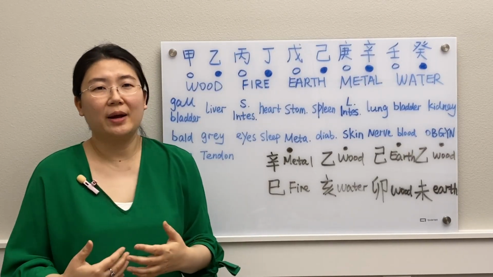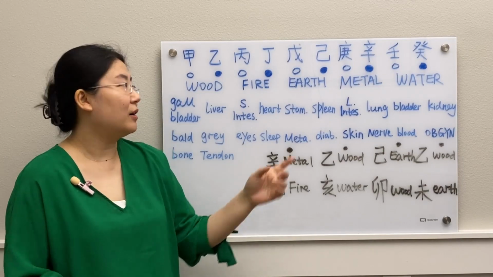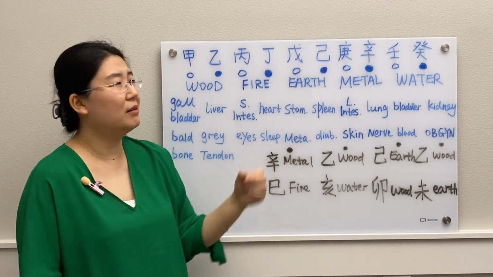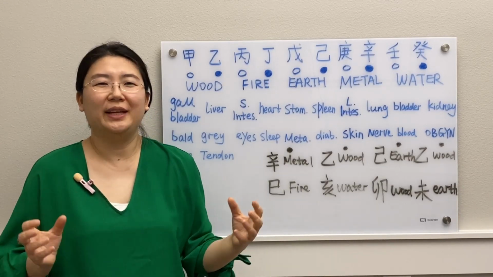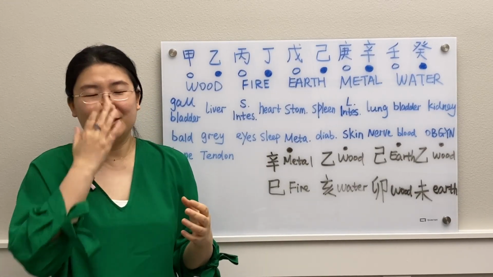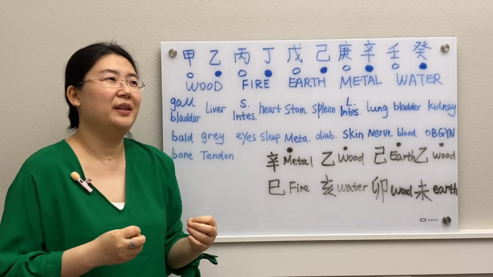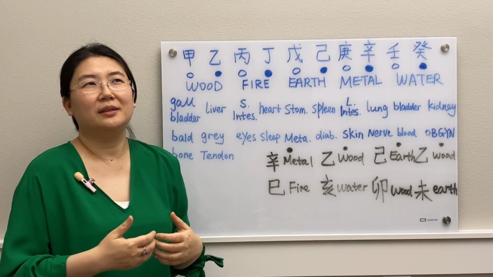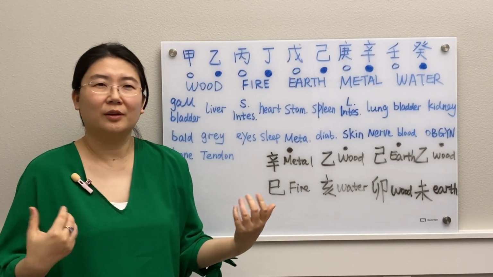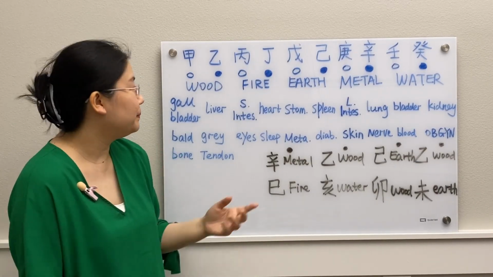On the contrary, if in a BaZi chart this yang earth is overwhelmingly too much, dominating the whole qi in your chart, that could be a person with a slow metabolism, so in a larger or overweight condition.